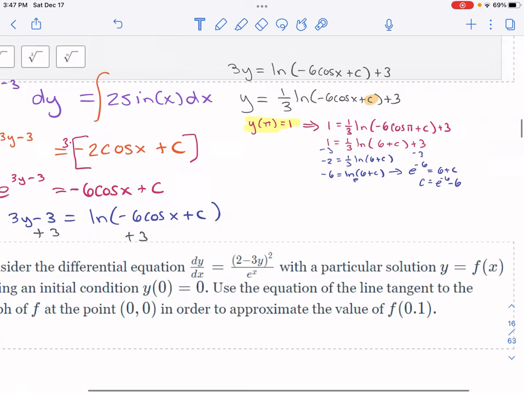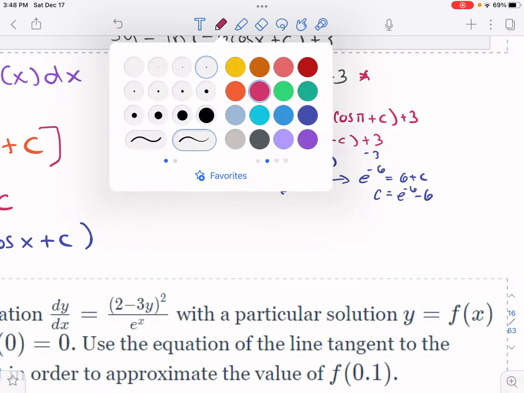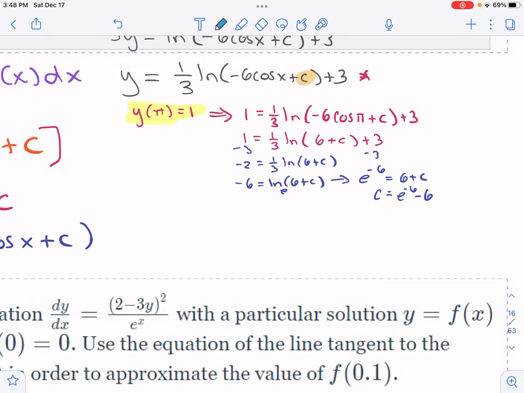In any case, my final particular solution would just be what I have here with a c substituted for what I just found. So I'm going to write it out and we'll be done. Y equals 1/3 natural log of negative 6 cosine of x plus e to the negative 6 minus 6, plus 3.